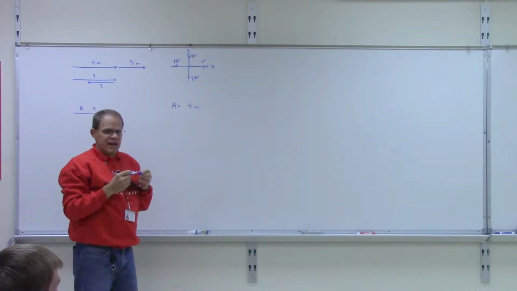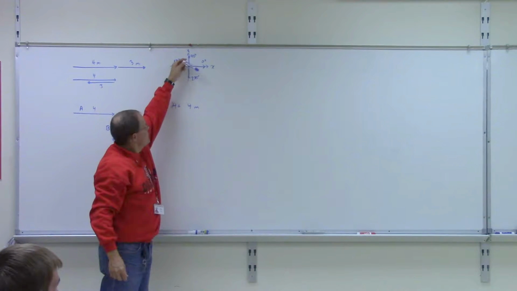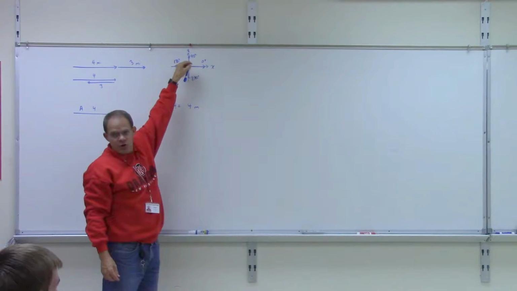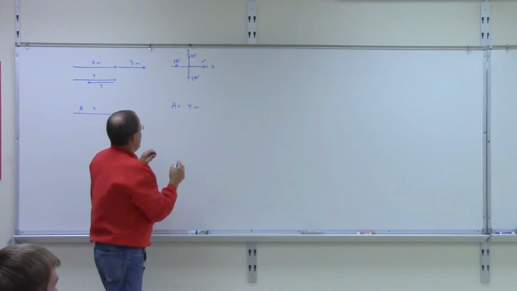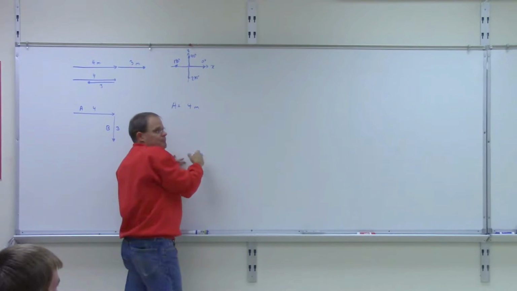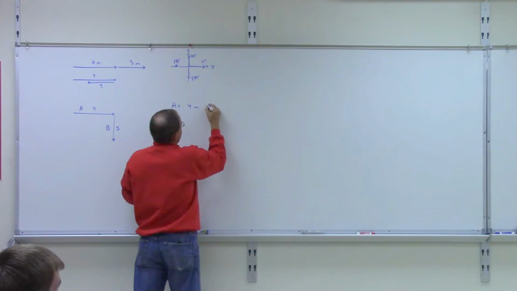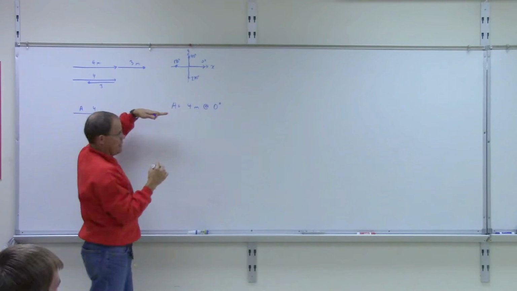And you could also use negative angles. So, for example, negative 90 degrees would be positive 270, they're coterminal, right? So, when I specify A, I've got to specify the length of the vector, how far you go, and the direction. So this one is at 0 degrees because it's to the right.